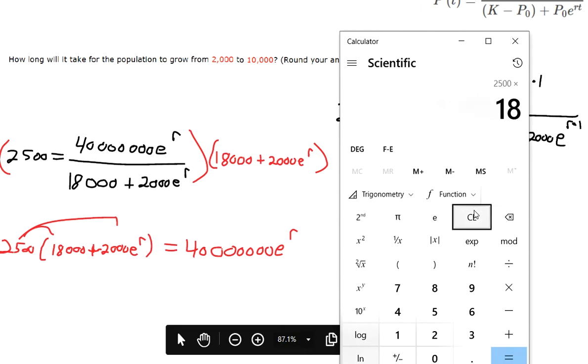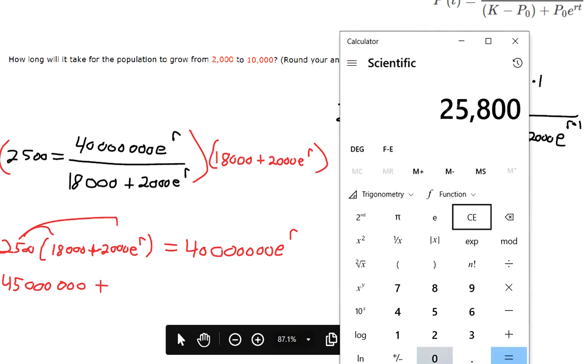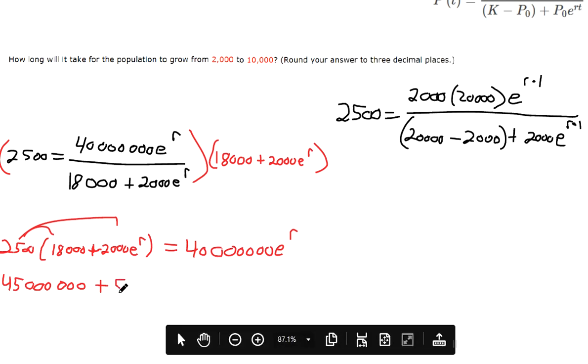2,500 times 18,000, 45 million. There we go. And then 2,500 times 2,000. Didn't we already? No, we didn't do this. 5 million times e to the r.